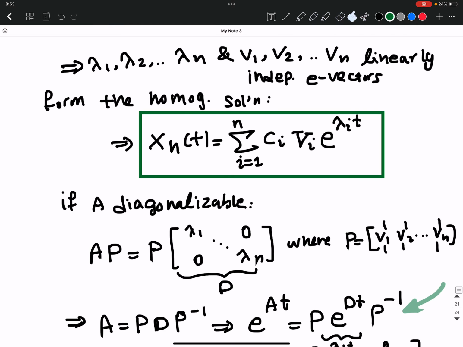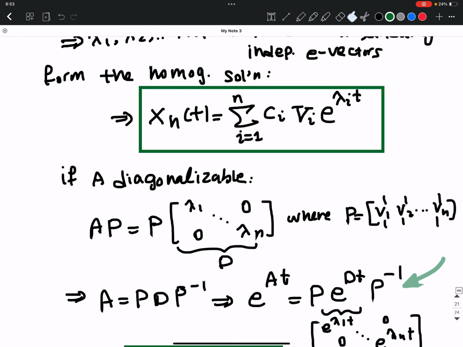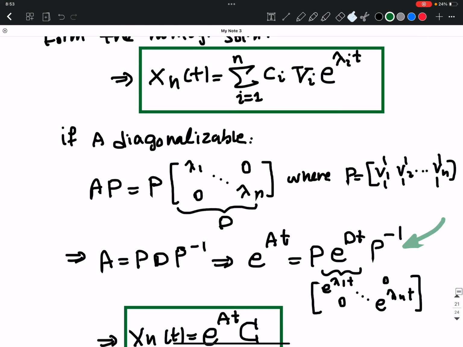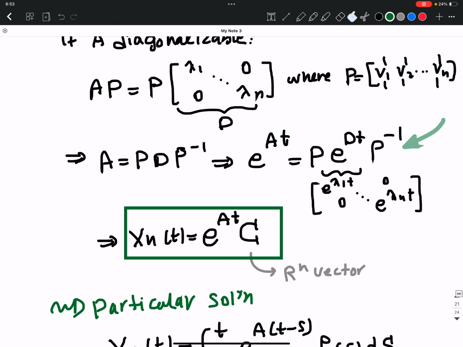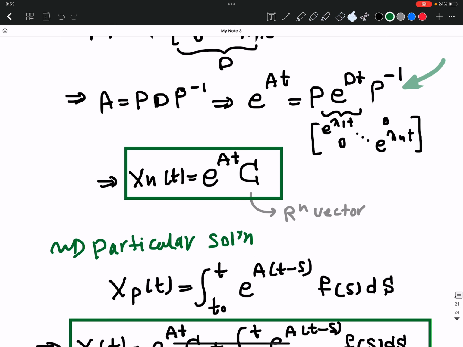This forms the basis of my general solution for this nth order system. Now, if A can be diagonalized, then I can show it in a matrix form as e to the At, where e to the At is P times e to the Dt times P to the minus 1, and this gives me a matrix form of this homogeneous solution.